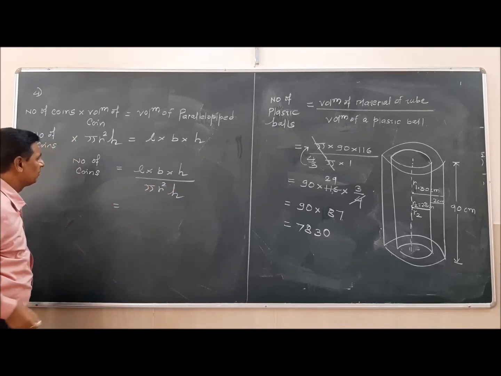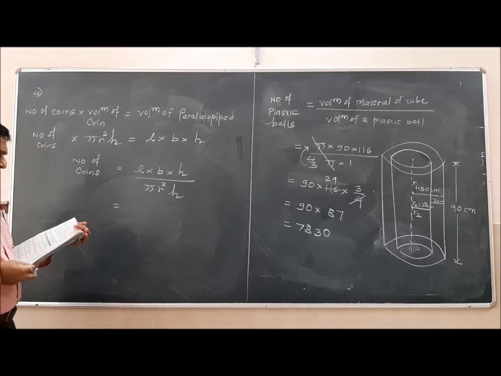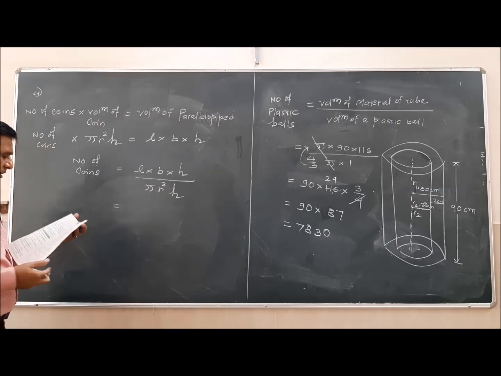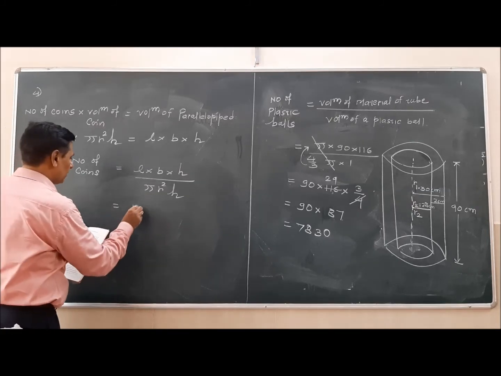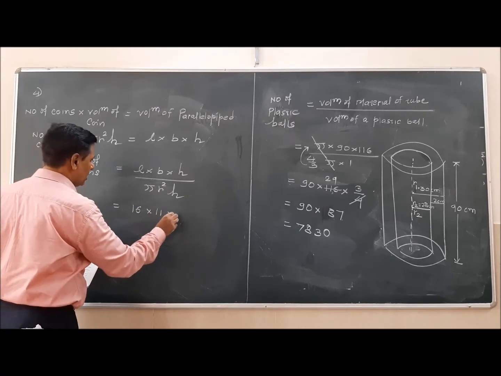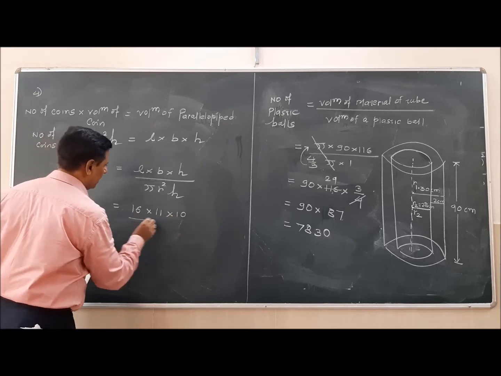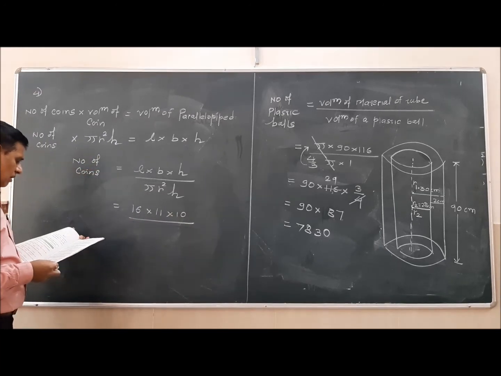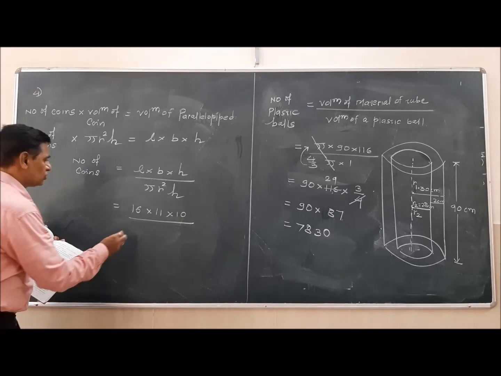Now let's see here. L stands for the length of the parallelepiped, which is 16, while breadth is given as 11, into 10, upon the value of pi, which is 22 upon 7.